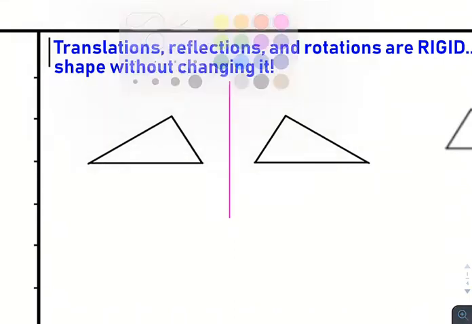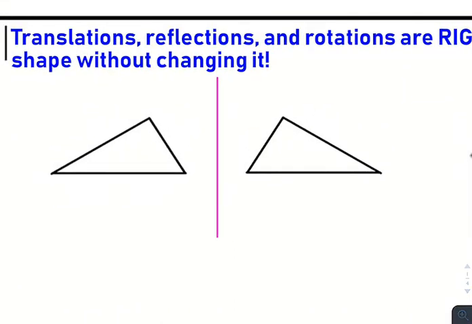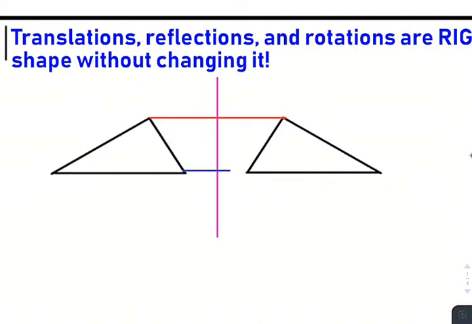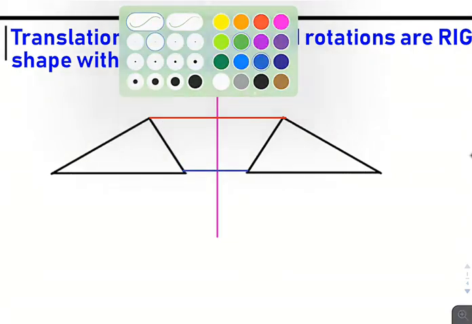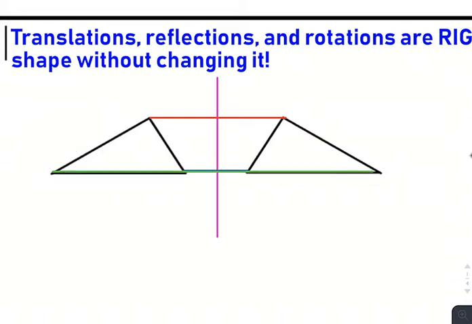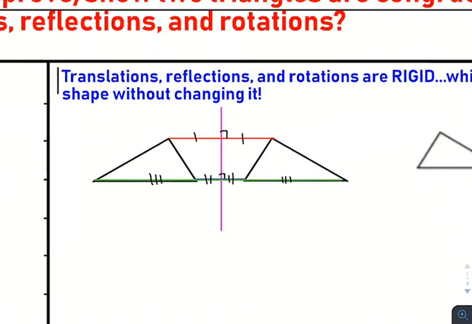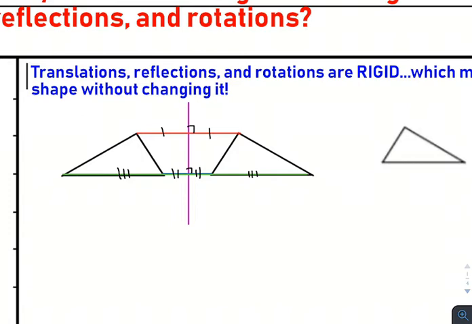And as long as we knew that we have these perpendicular bisectors, in other words, like this red line, and then this blue line, and then this green line, as long as we knew that the pink line perpendicularly bisected, in other words, cut the red line in half at a 90-degree angle, and cut the blue line in half at a 90-degree angle, and the green line in half at a 90-degree angle, as long as we knew this happened, then we can trust the triangles themselves were going to be congruent. We didn't really have to pay too much attention to the triangles because we knew a reflection happened.